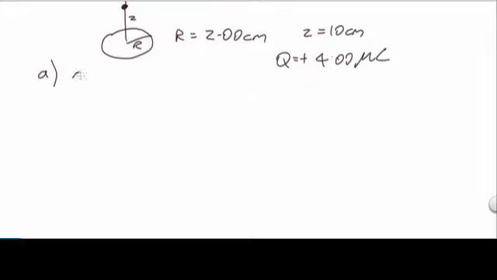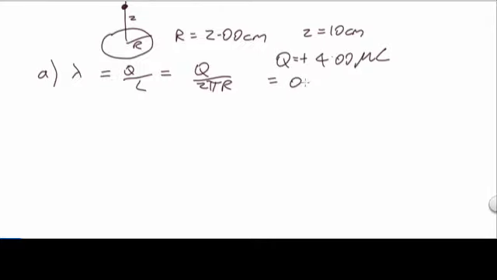Now part A, what is the linear charge density? That'll be the total charge divided by the length of that line of charge, and the length will be the circumference of that circle. So we have Q over 2 pi r.